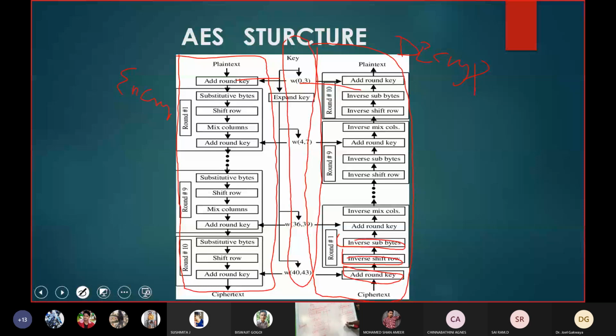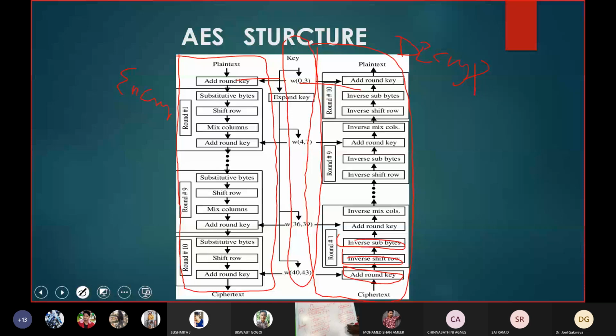This is when you start from the last, because the last round means round 10, for example, if we are using 128-bit. The round key will follow the same way. It will follow this step: add round key, inverse shift row, inverse sub byte, followed by add round key.